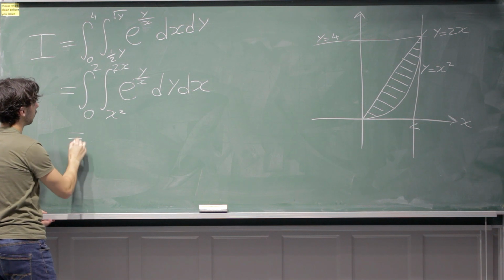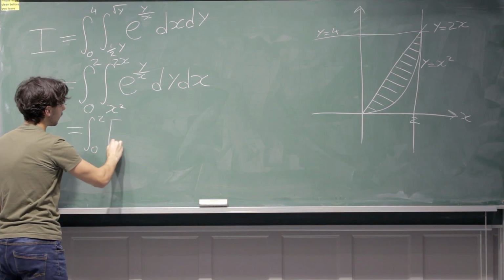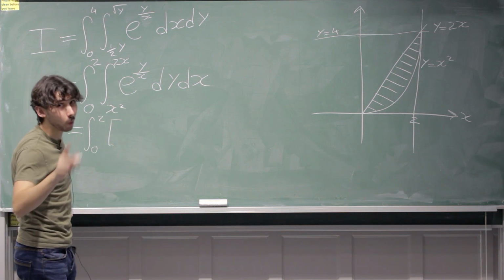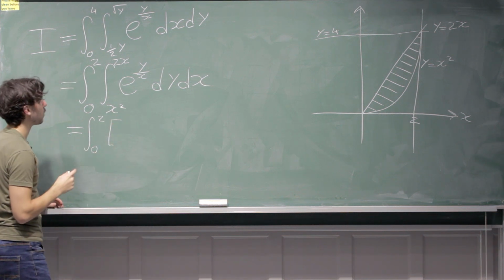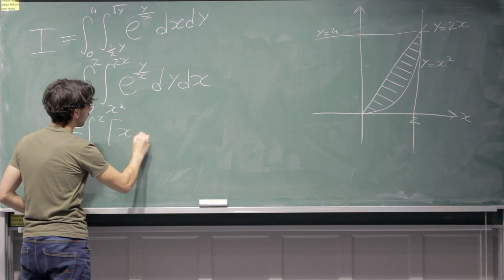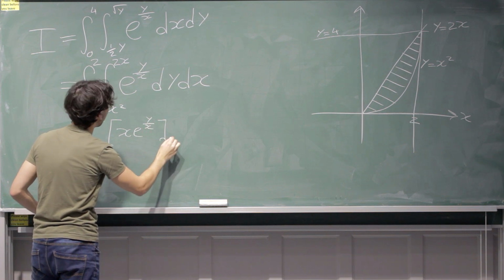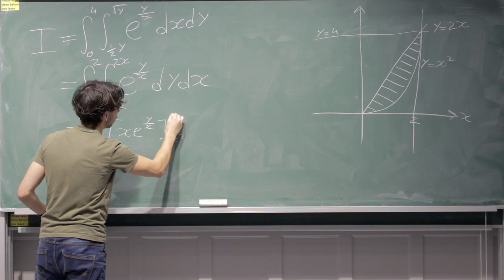Let's then do the integration. So we've got 0 to 2, e to the y over x integrated with respect to y, that's possible. We can do that. So what will that be, guys? Well, that will be x e to the y over x from x squared to 2x.